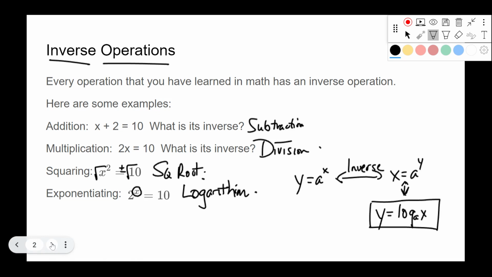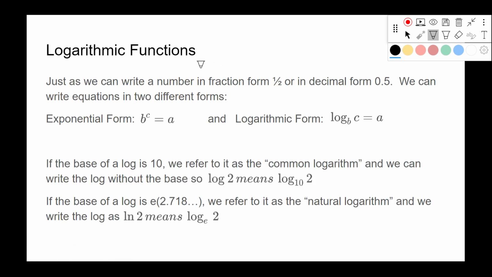So let's talk a little bit about what we just talked about here. Just as we can write a number in fraction form, 1/2, or as a decimal, 0.5, we can write equations in both exponential form and log form. If we have an equation that says a to the y is equal to x, you can write it in log form as y is equal to log of x with base a.